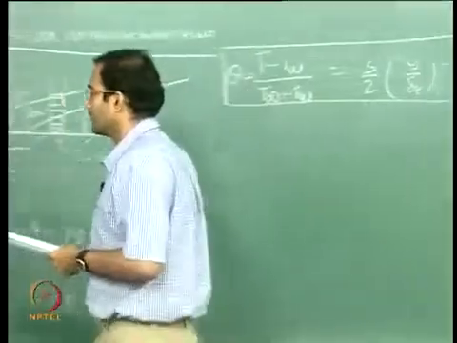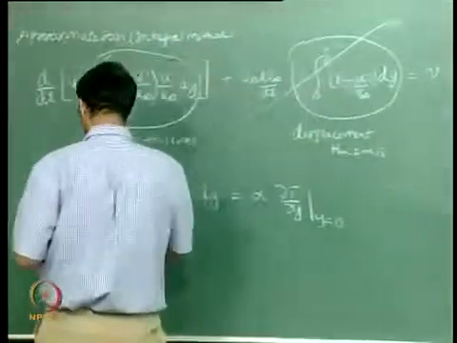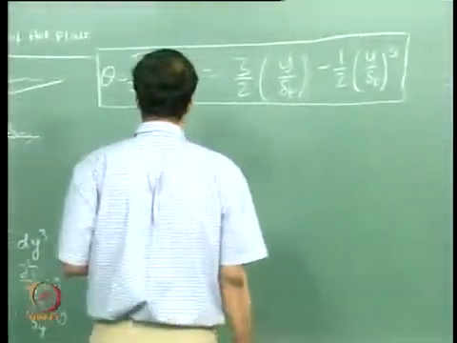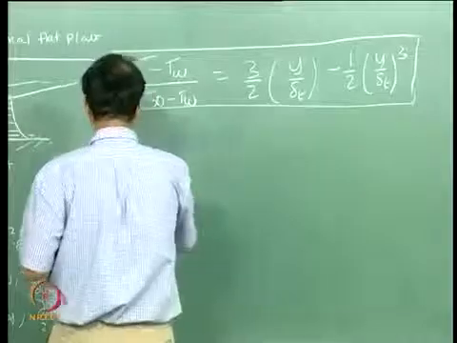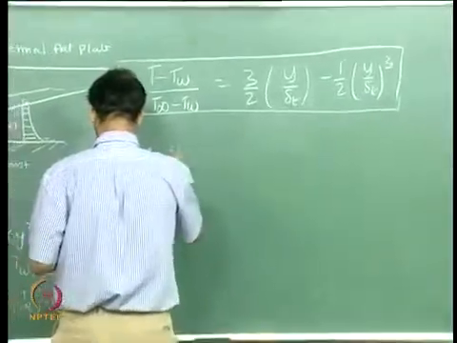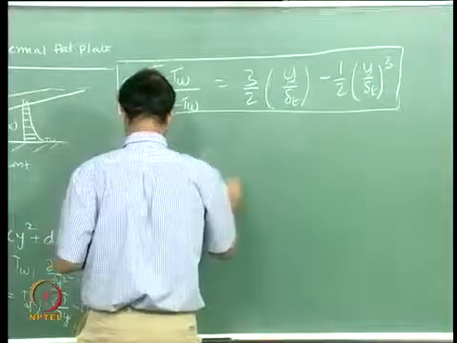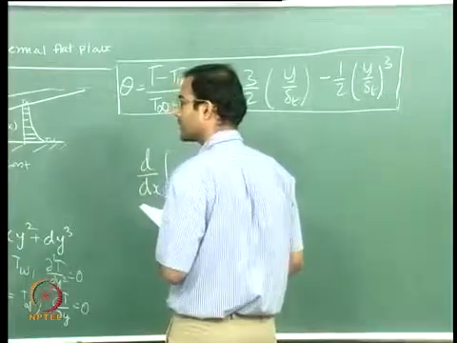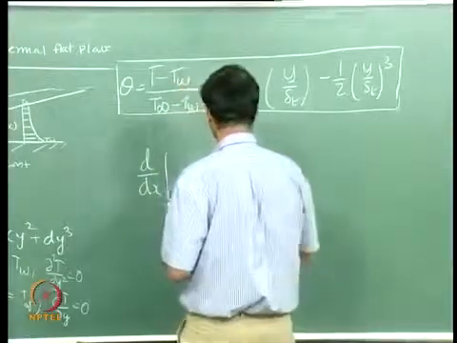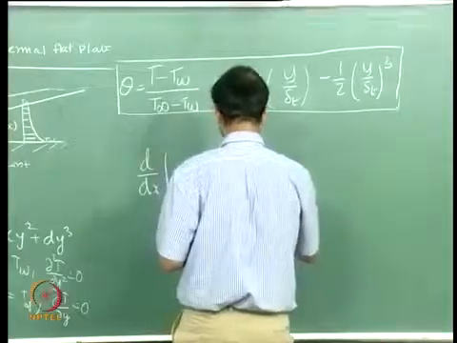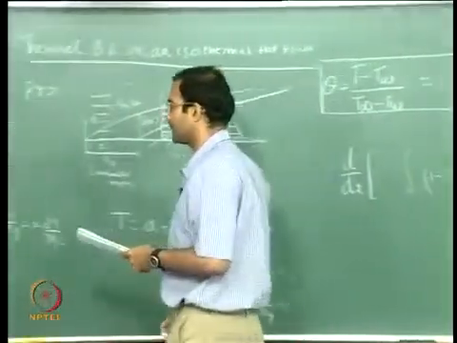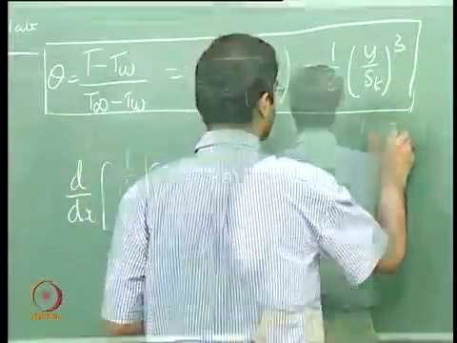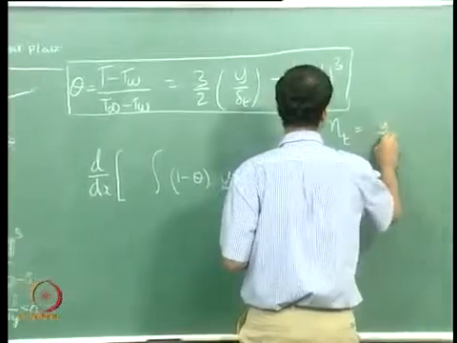Right now this is my T infinity minus T. I can express this in terms of theta as d by dx of one minus theta, also I can multiply and divide by u infinity, so u by u infinity, and I can transform my variables from y space to eta space, where I define a variable eta subscript t as y by delta t.